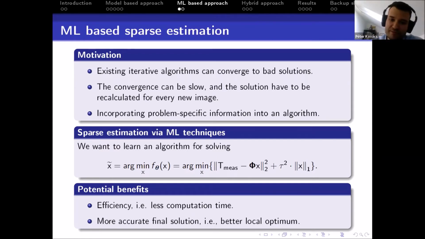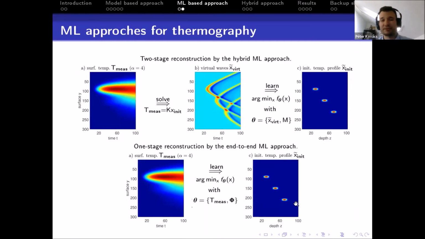So doing the inference, once the network is trained and applying it on a certain reconstruction setup, is very fast. Even real-time reconstruction would be possible if the network is already trained. So these would be the benefits of applying such algorithms.